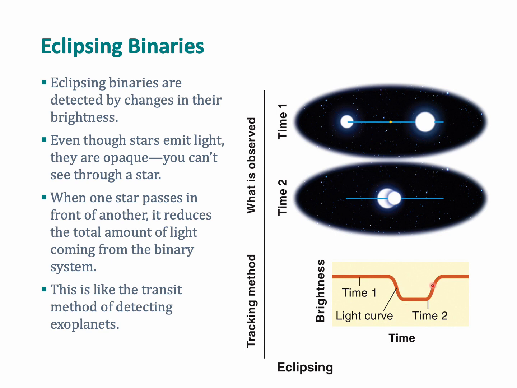And so we can see the effect of one star passing in front of the other. And so this is, again, going to let us detect the binary, and we can measure the period and so on and determine the mass of the stars in that binary system. And this is sort of like that transit method that we looked at before when we talked about exoplanets.